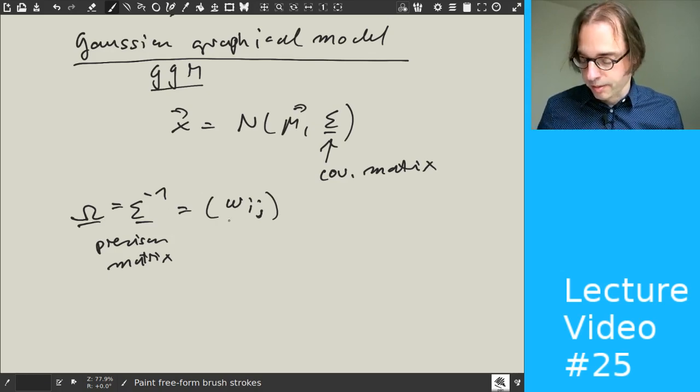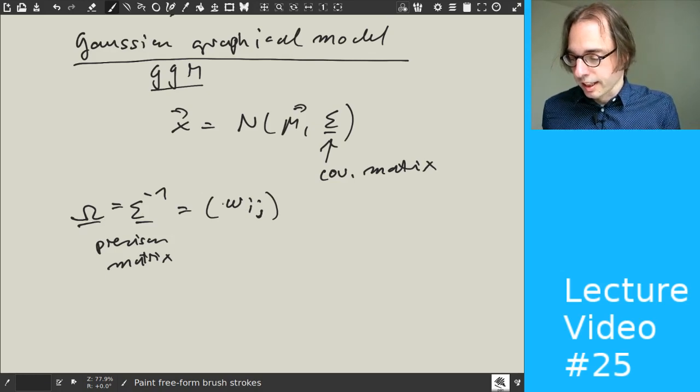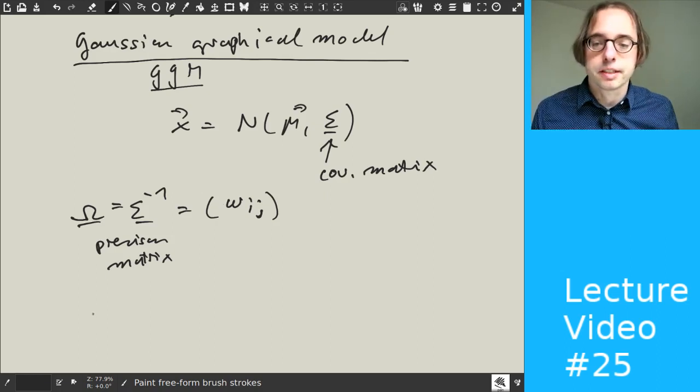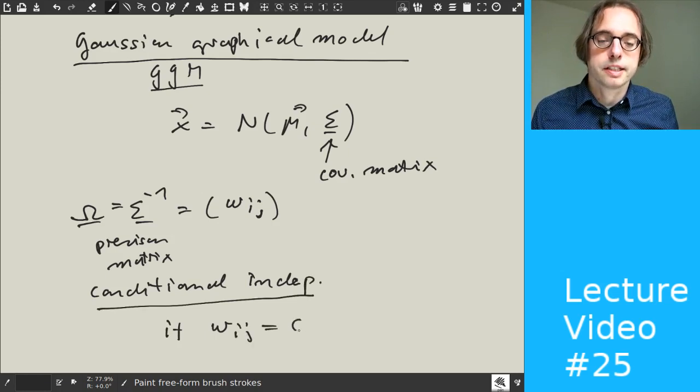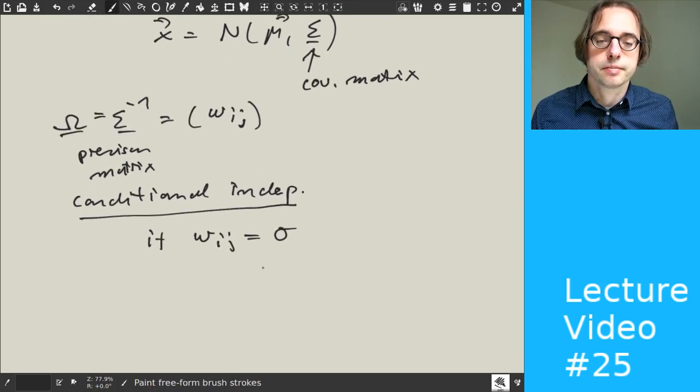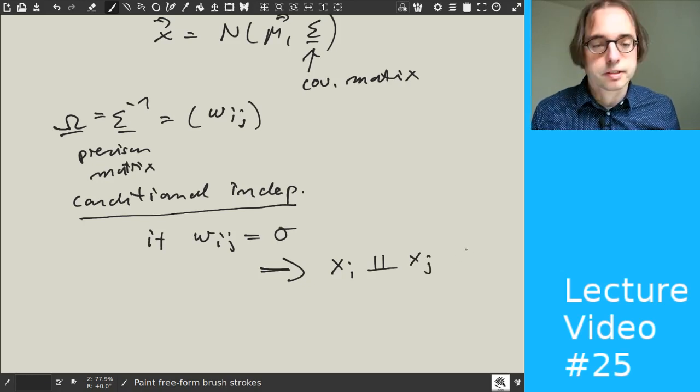And now the interesting thing, talking about conditional independence, is that if the element omega ij of this inverse covariance matrix is equal to 0, then xi is independent of xj given all other variables.